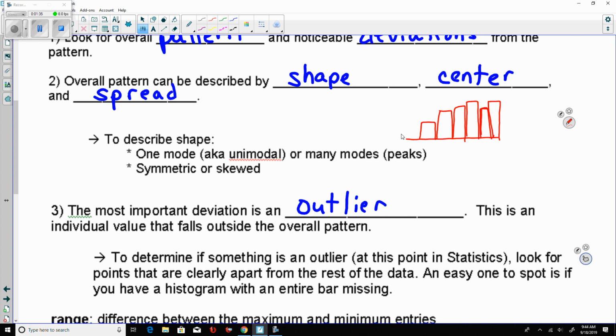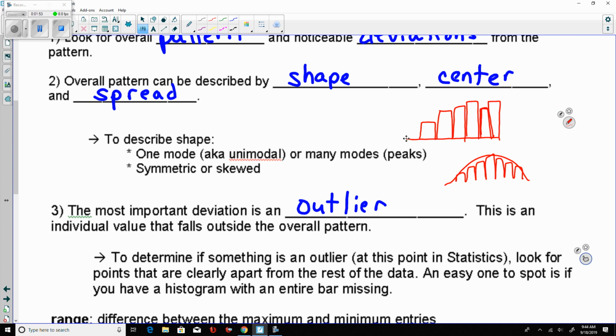Symmetric or skewed. With symmetric, it goes up and then comes back down in a nice little bell curve. Skewed means that it's either skewed to the left or skewed to the right.